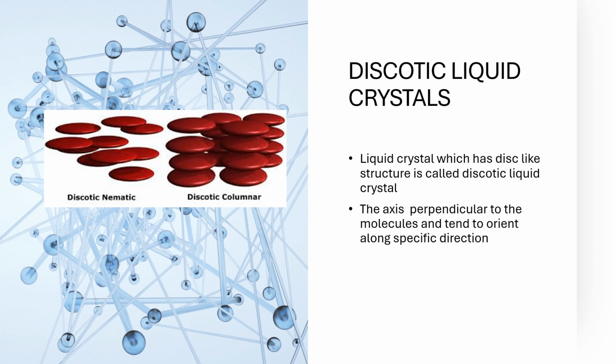You can see in this picture that the first one indicates discotic nematic. If they are arranged in columns, it is called discotic columnar. You can see in the second picture. In the first one, molecules are in random positions, but in the second one, the molecules are in columns.